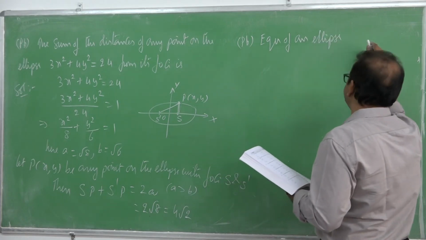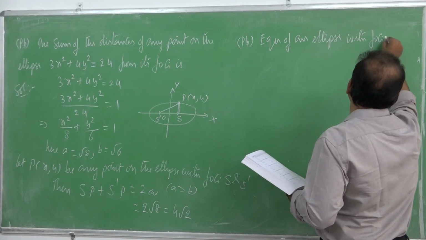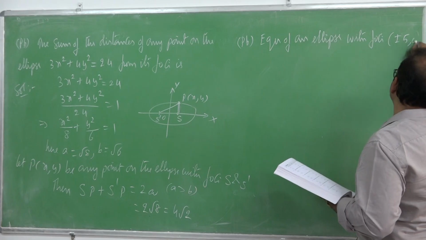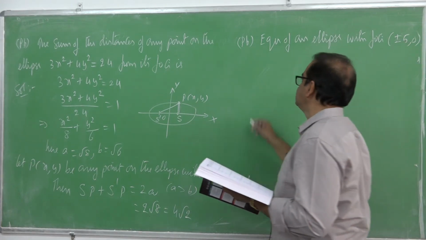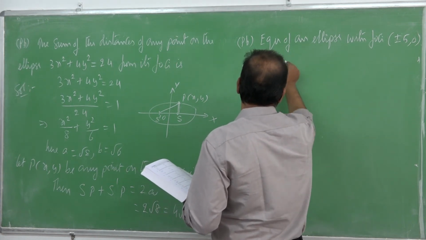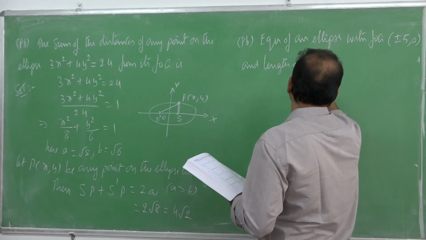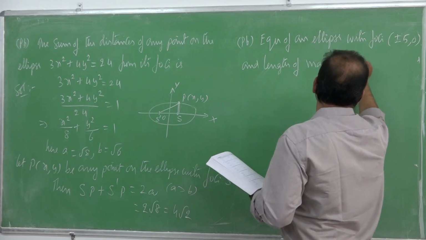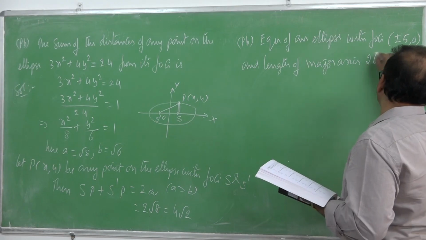Equation of an ellipse with foci plus or minus 5, 0 and length of major axis 26 is.